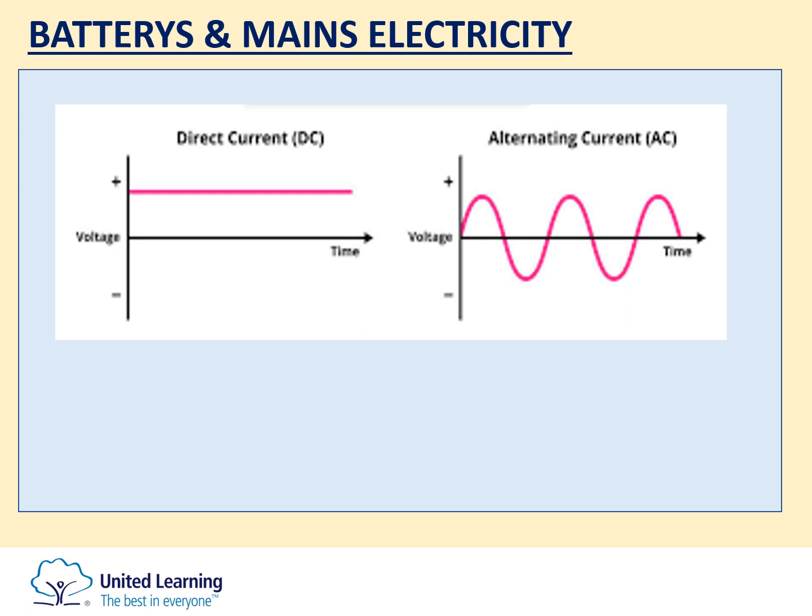This type of electricity is found in our main supply at home, and there are two numbers that you need to know associated with this. They are 230 volts at a frequency of 50 hertz.